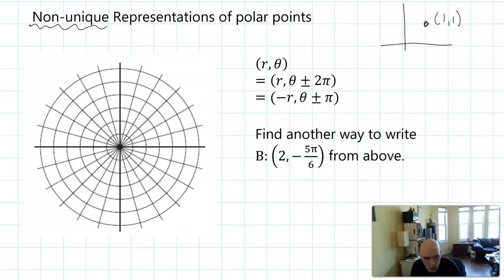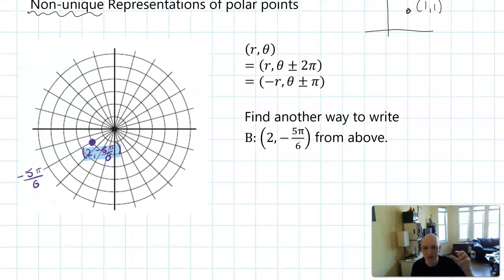We can switch coordinate systems and write it in some other way, but we would have to write it as 1, 1 in rectangular. In polar, though, because we're going on a circle, positive or negative angles can get us to the same place, and we can have positive radii or negative radii. We actually have a lot of different ways to get to the same point. That's one of the cool things about the polar system.